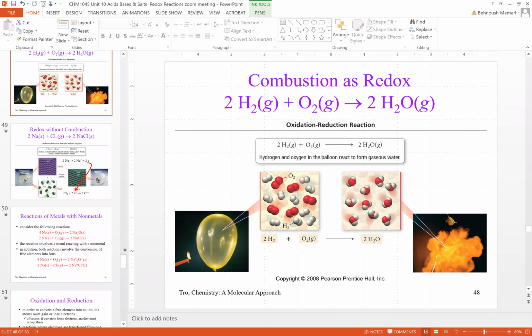In oxidation reduction type reactions, loss of electron is for something being oxidized, and gain of electron is the definition for an element that is being reduced. Combustion reactions, anything combining with oxygen, is a combustion reaction, and that classifies as an oxidation reduction type reaction.